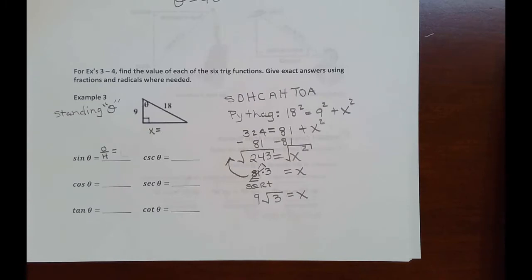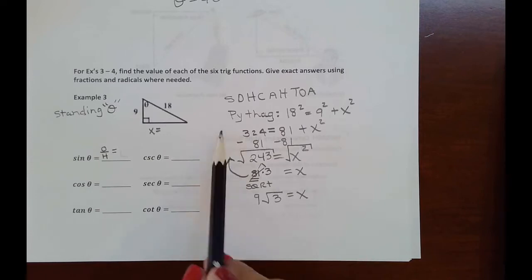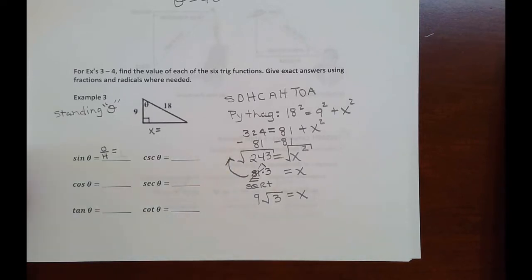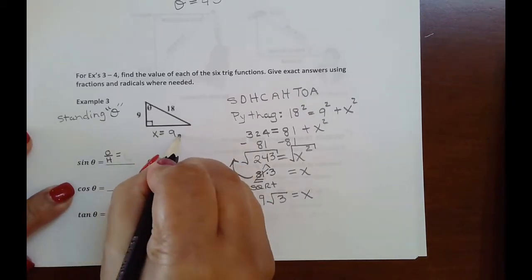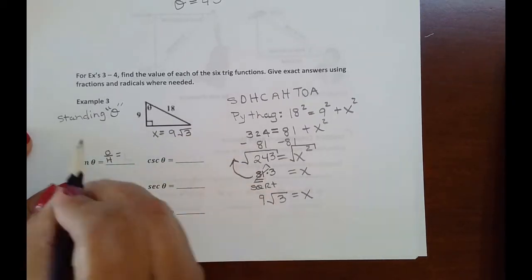Okay, so that's called using an exact value, not a decimal approximation, which would allow you to skip over all these steps, and you're expected to be able to show them. So this is going to be 9 square roots of 3.